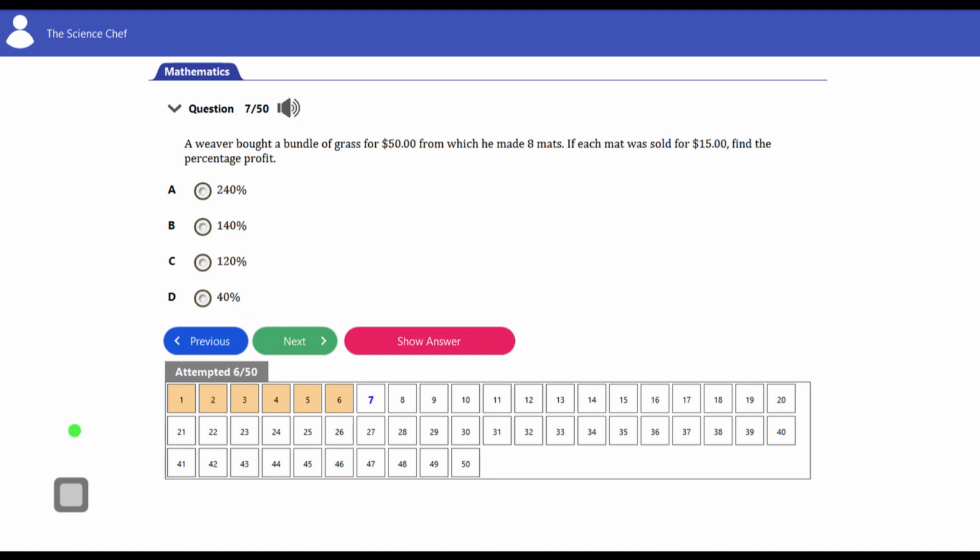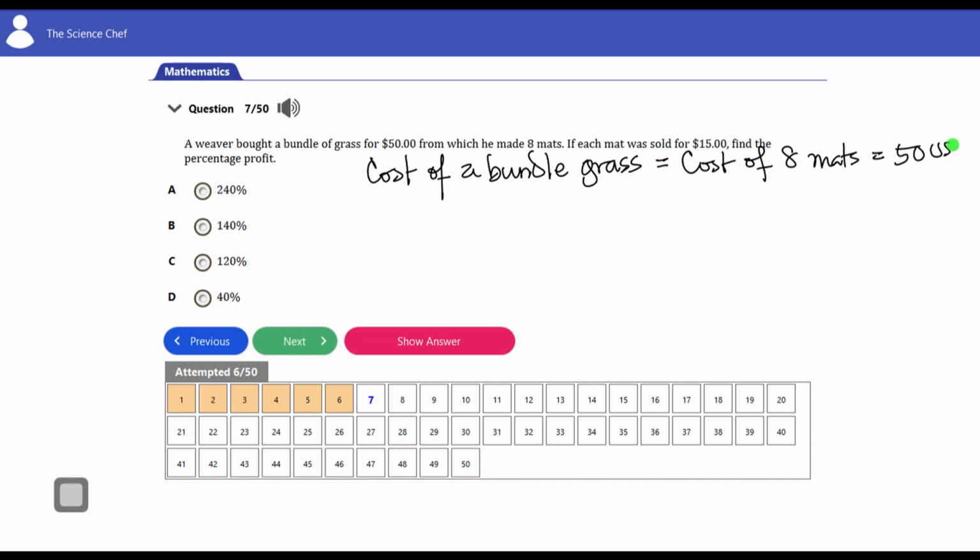Question 7. A weaver bought a bundle of grass for $50 from which he made 8 mats. If each mat was sold for $15, find the percentage profit. Now, the cost of a bundle of grass is also equal to the cost of 8 mats, right? Which is $50.